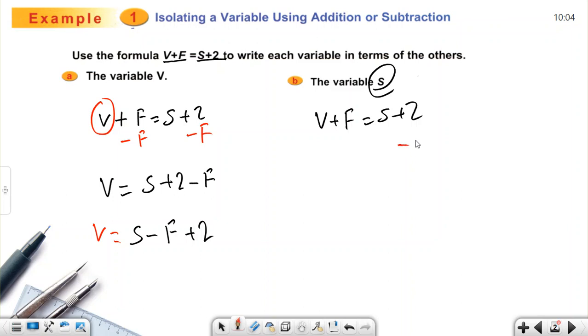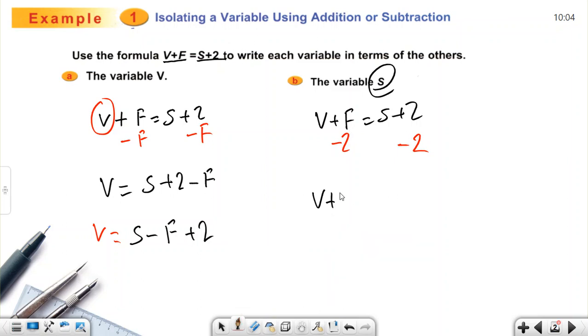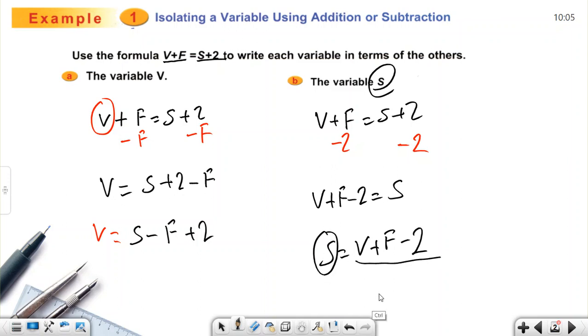If I add negative 2 to both sides, taking minus 2 from both sides, the equation will not change, of course. So V plus F minus 2 is equal to S. I can write S equals V plus F minus 2. So I found S and it is equal to that term.